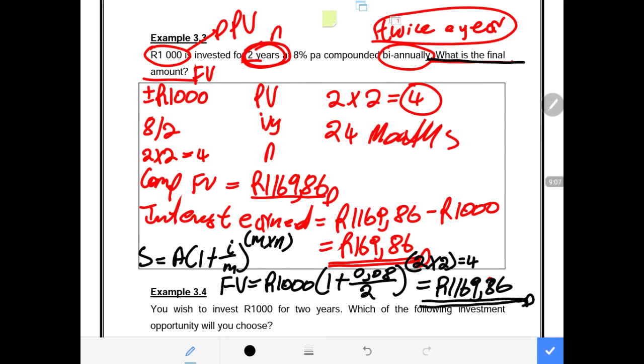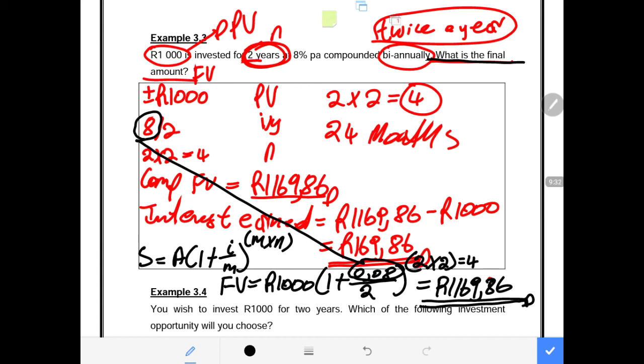To be honest, you can use the formula, not a problem. But please make sure that your interest in the formula is in decimals, while your interest when it comes to the calculator, we write it as a whole number. The calculator automatically knows that this is interest because we said it's an interest. But the formula does not use the functions, it's just the normal buttons of the calculator.